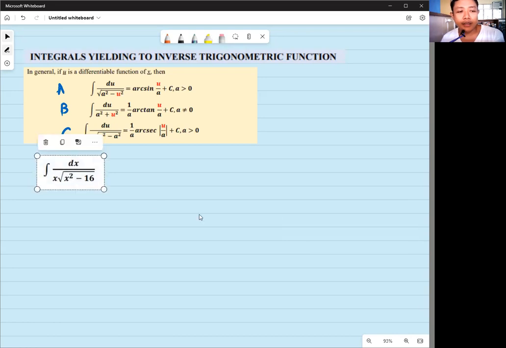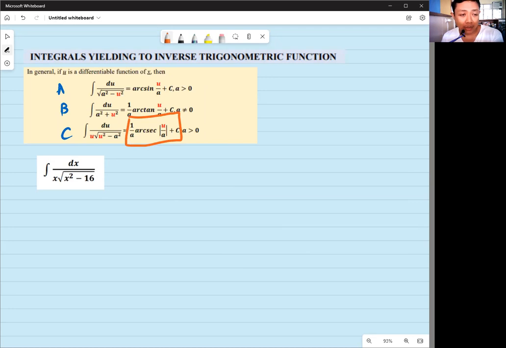Look at this example. To which pattern is this very much similar? A, B, or C? Type the answer in the chat box, please. Okay, correct. It's letter C. So therefore, we will end up with this answer in the end.